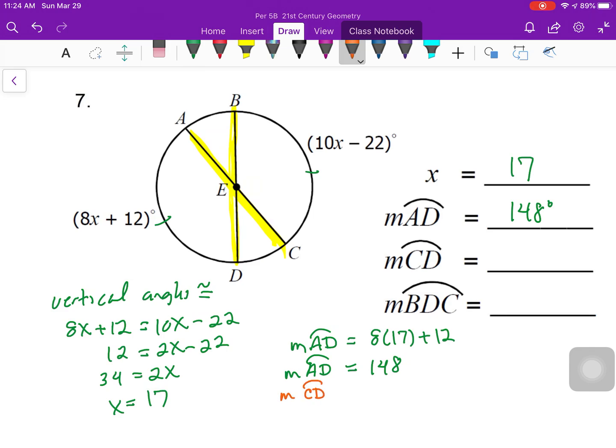The arc from C to D, that's going to be 180 minus 148. Nope, sorry about that. That's going to be 180 minus 148. So 32.